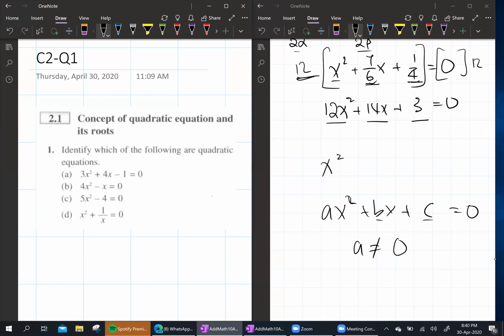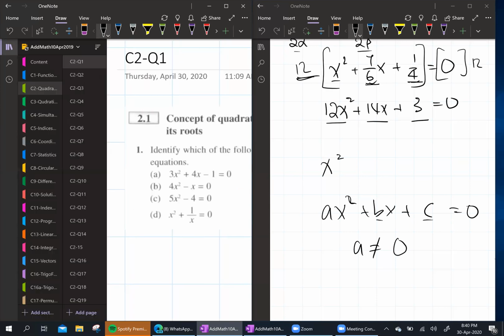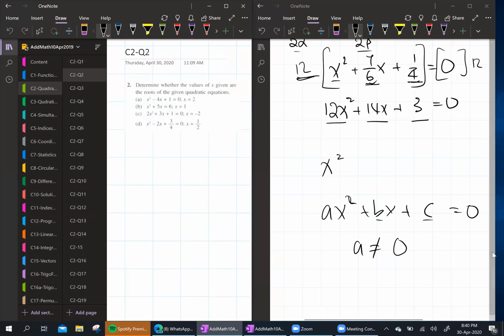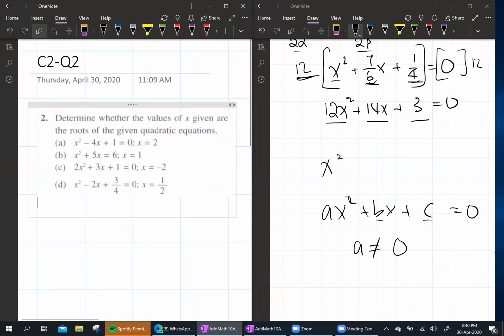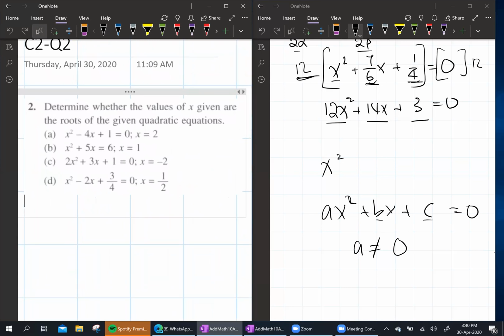Go to question number 2. Determine whether the values of x are the roots of a given quadratic equation.